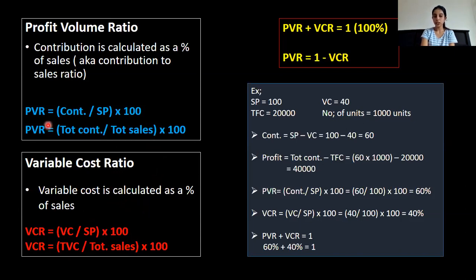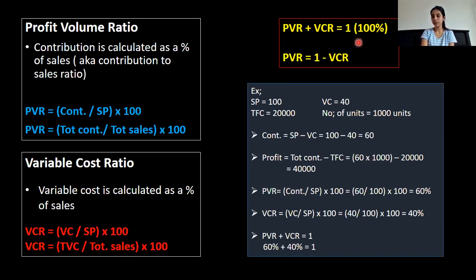So what is the formula for calculating PVR? Contribution over sales. VCR is variable cost over sales price. So when we add these two fractions, contribution over selling price plus variable cost over selling price will give us selling price over selling price.